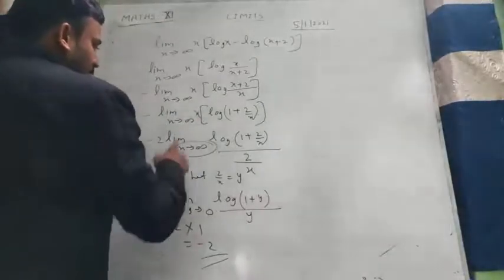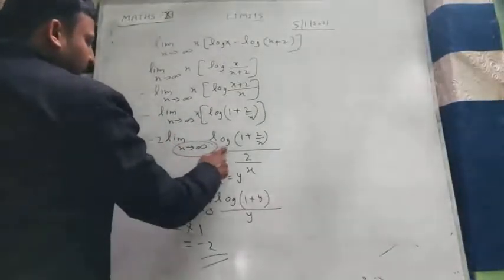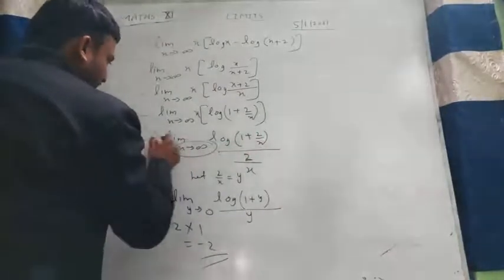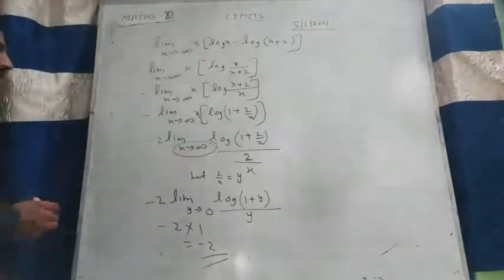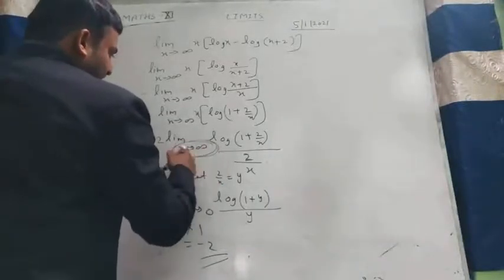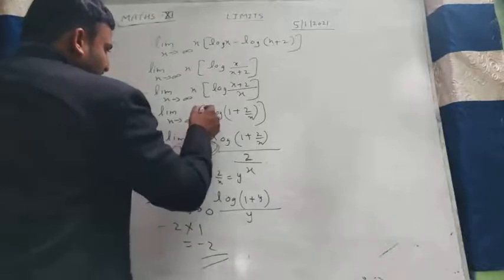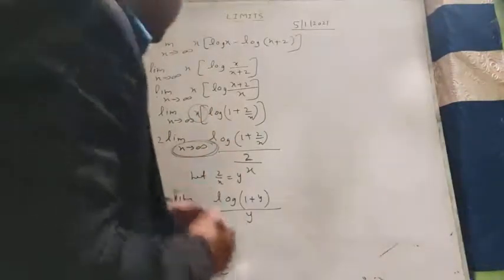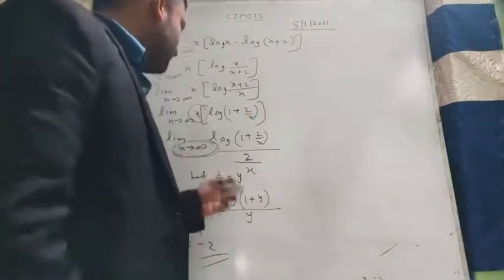Now we have limit x tends to infinity log 1 plus 2 by x. We divide by 2 and multiply by 2 here, and this x we send to the denominator. Our limit is at infinity, so we will change our limit.